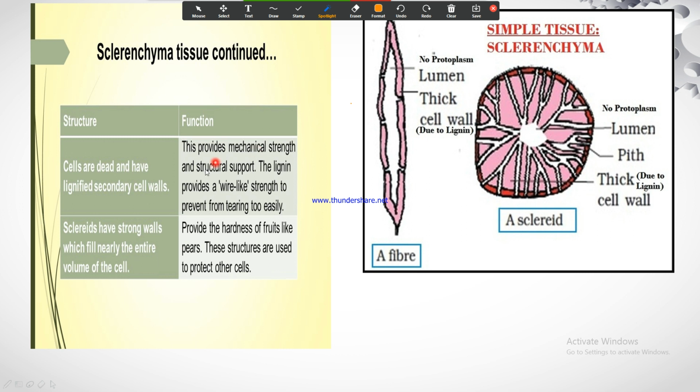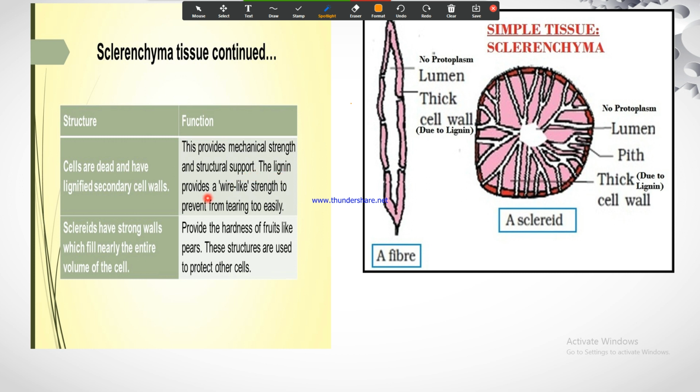Coming to the function, this provides mechanical strength and structural support. Both fibers and sclerites together provide mechanical strength and structural support. Already we discussed, the main function of sclerenchyma is to provide hardness and stiffness to the plant body.